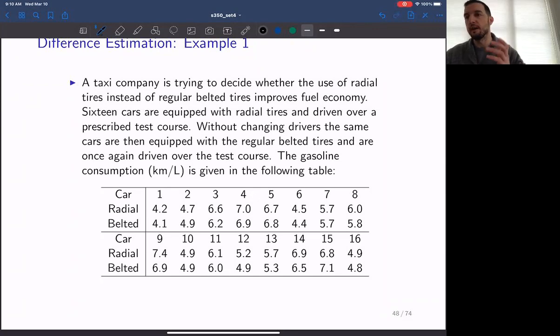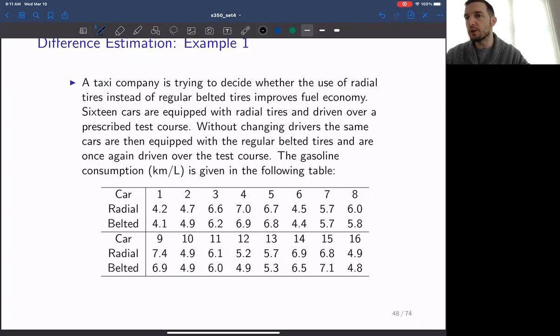Okay, so we have 16 observations. We're going to assume that these are 16 randomly selected cars, so an SRS of size 16. We have fuel economy measurements for each set of tires that are equipped to the car, and we're using the same car across each test lap. So we're going to assume that there's a dependence between each of the measurements on the observation under consideration.